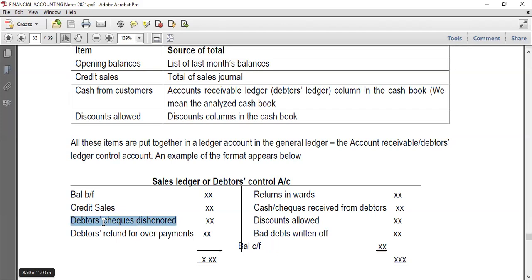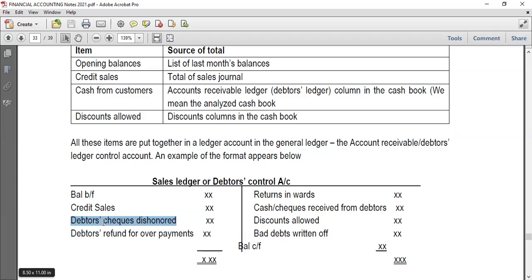We go ahead to credit our debtors account. Now, if we go to the bank and the bank bounces that check, it means that the debtor whom we had written off, whom we had thought had paid us, now has to pay us another amount of money, okay? Either maybe through cash or give us another check.